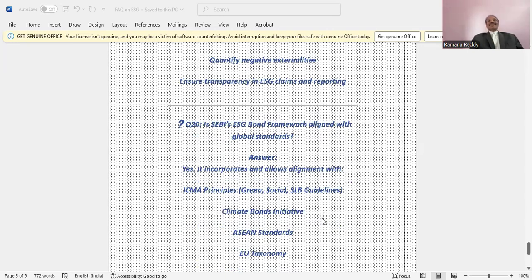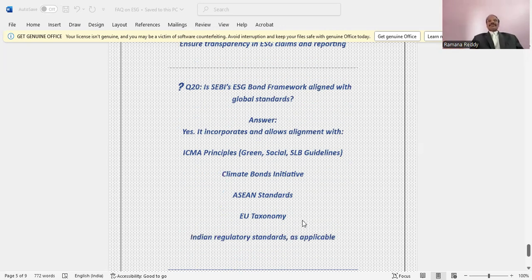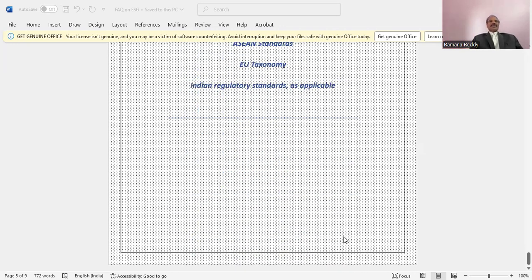And the final question: is SEBI's ESG bond framework aligned with global standards? The answer is yes. It incorporates and allows alignment with ICMA principles, green, social, and SLB guidelines, Climate Bonds Initiative, Asian standards, EU taxonomy, and Indian regulatory standards as applicable.